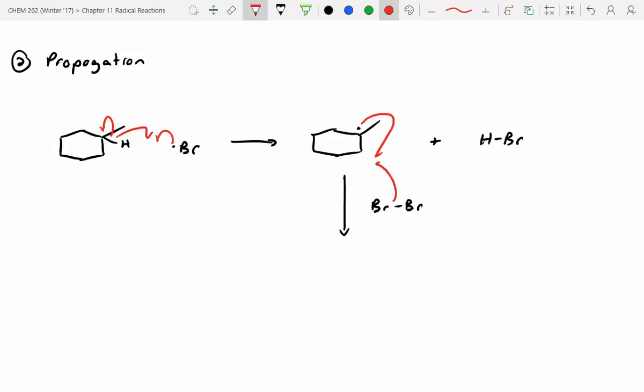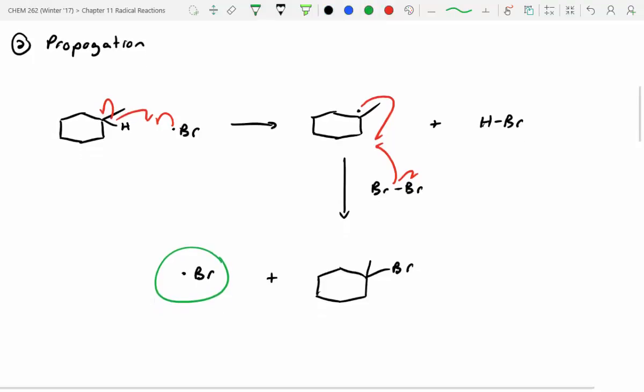It's going to steal one of these bromines, and then the other one will get ejected off as its own radical. The key portion of this propagation step is you're regenerating your radical.